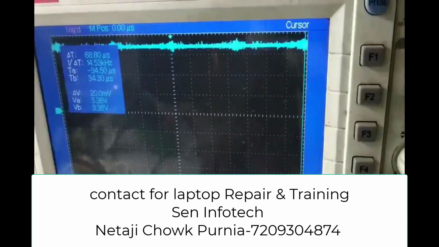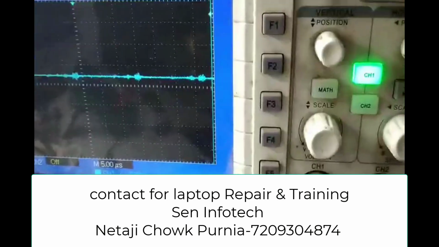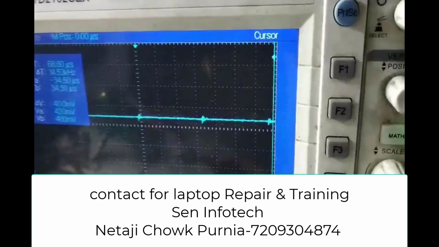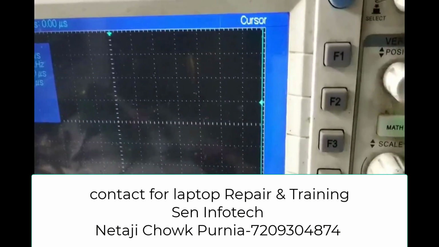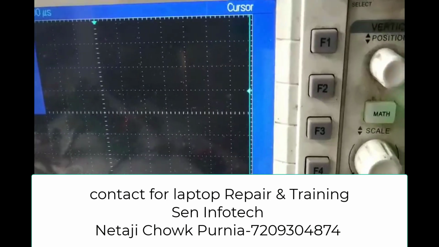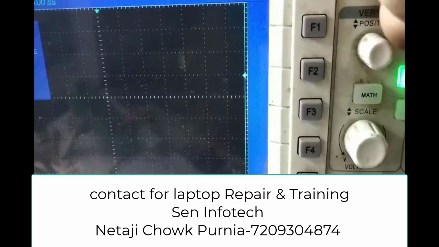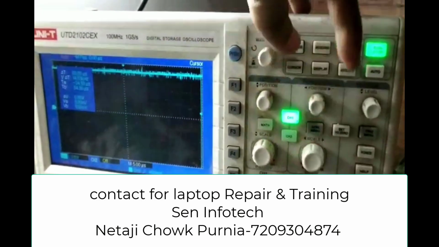This is not a variation. See, pin number 2 has variation, but pin number 1 has no variation. No variation, straight line, no variation.